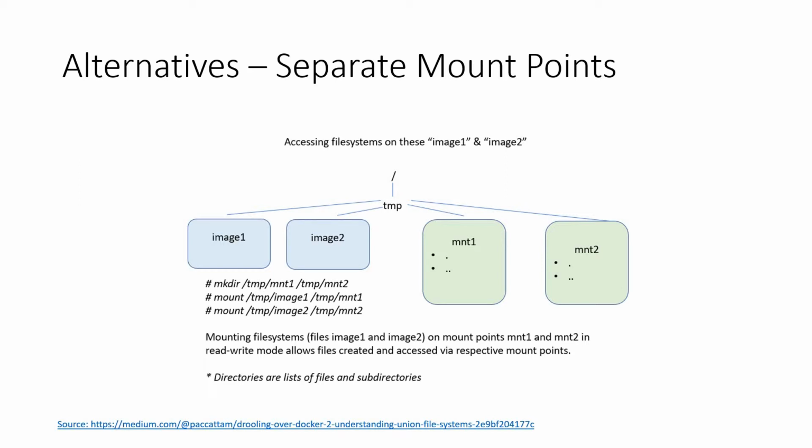And so anytime you wanted to perform an operation or use these files, you would just have to refer to them by their respective names. So you'd have to refer to /temp/mnt2/file2.txt or something like that.